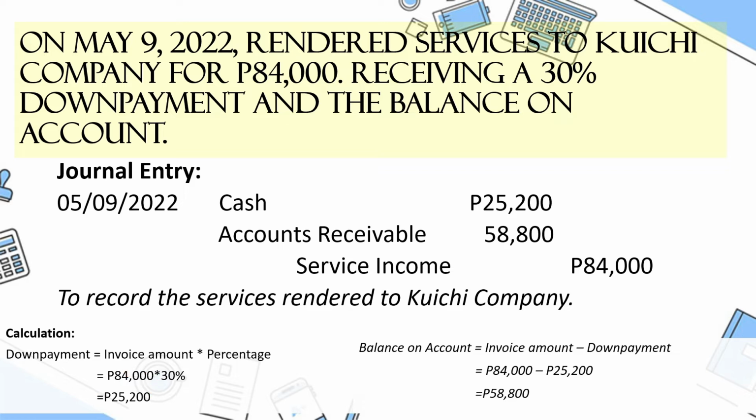For accounts receivable, the formula is invoice amount minus down payment. So 84,000 minus the down payment of 25,200 equals 58,800. This is an example of a compound entry, since we have two debit accounts and just one credit account.